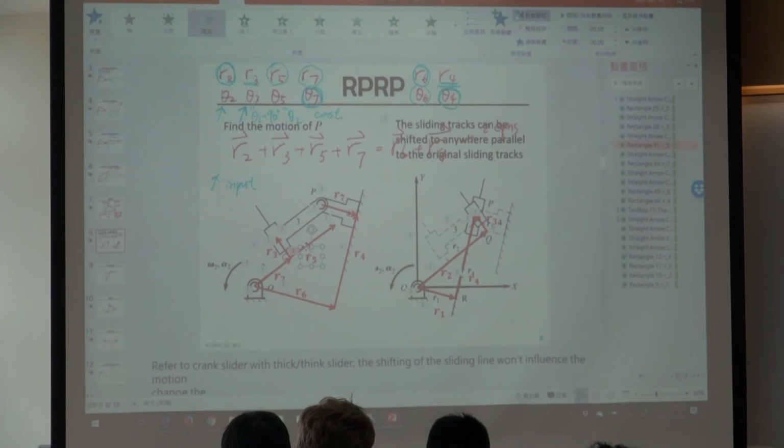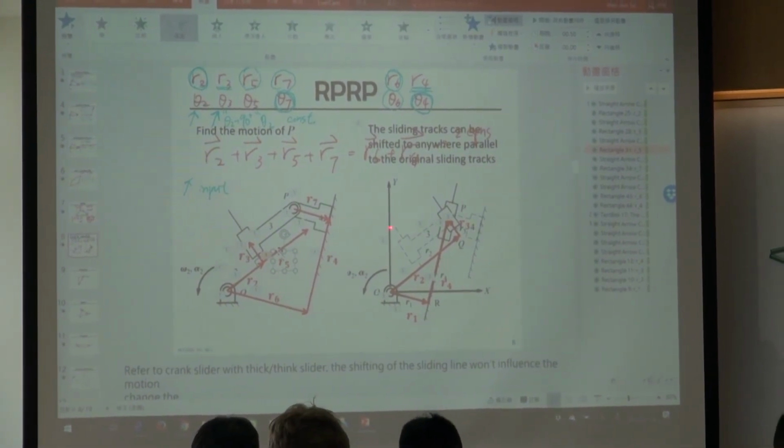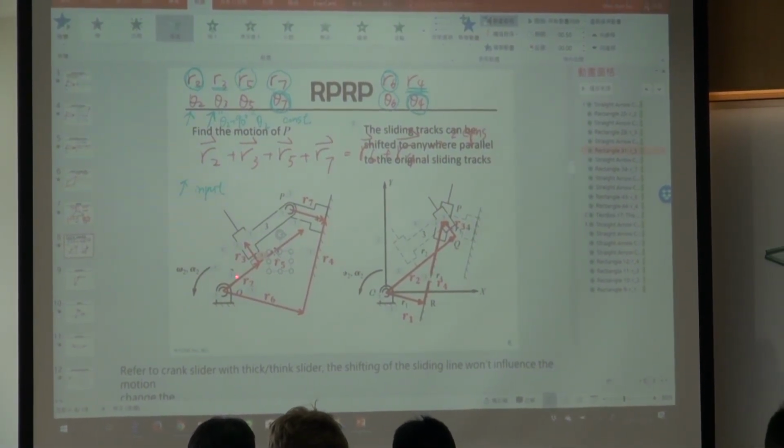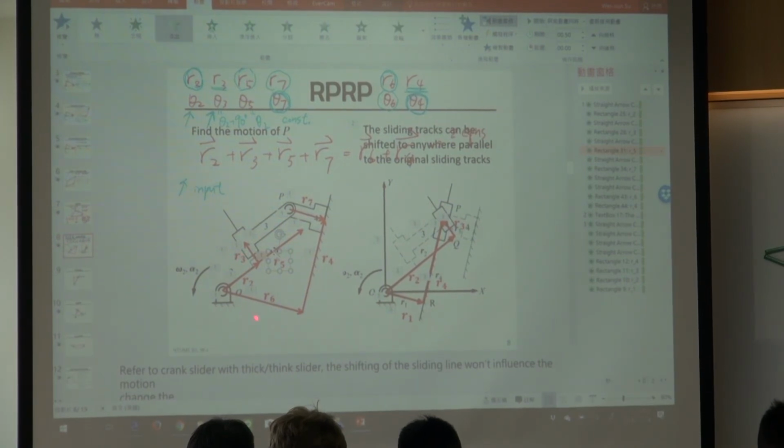Originally it starts with R2 and goes with R3, R5, R7. Right now I'm changing the order of R5 and R3.